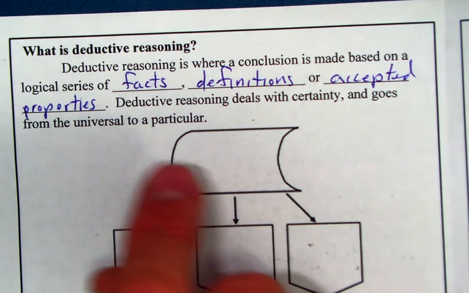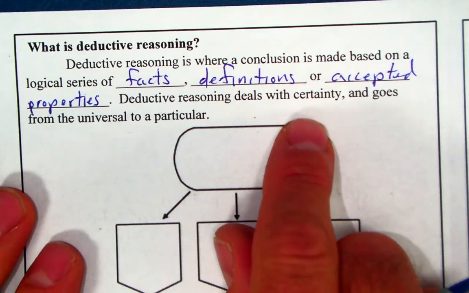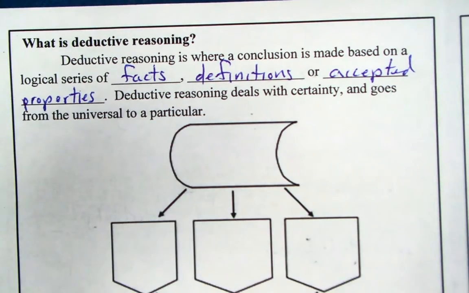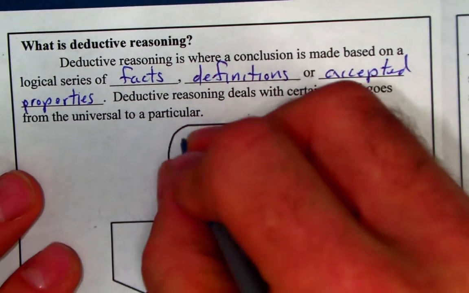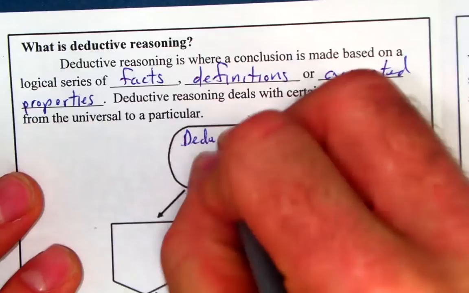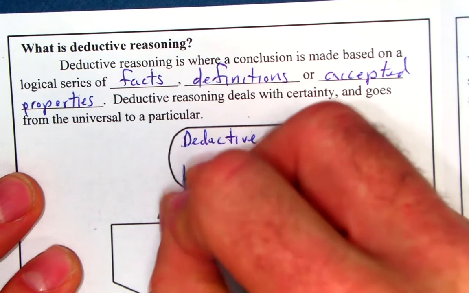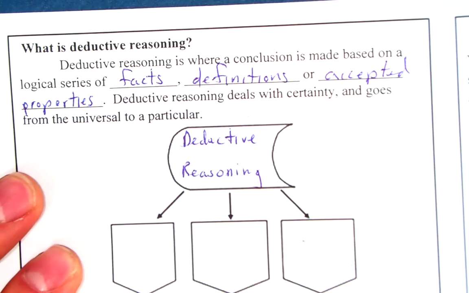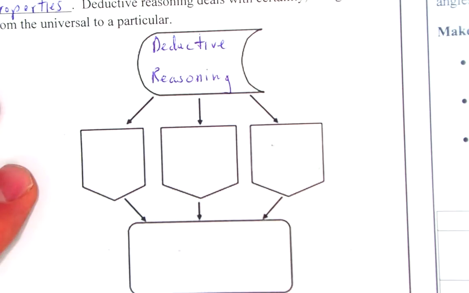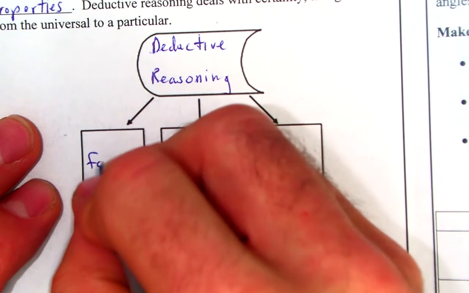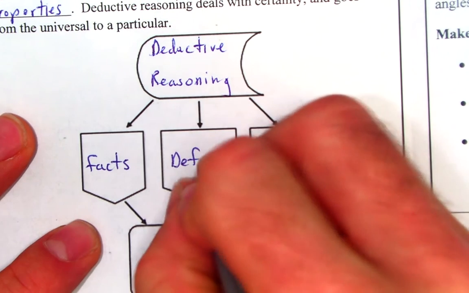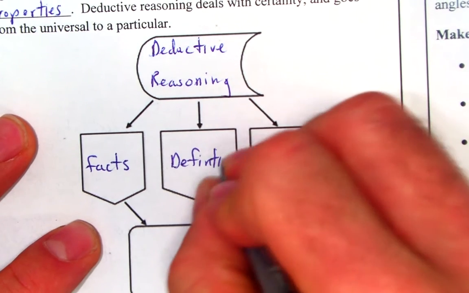Okay, so deductive reasoning deals with certainty and goes from the universal to the particular, right? So from the big to the small. So deductive reasoning. Kind of the flow is, we're going to take things that we know for a fact are true. Facts, and I know that we just kind of wrote this.